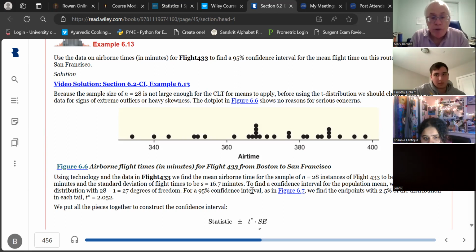Now, a lot of students make the mistake of using 1.96, thinking that you're going to use a Z. But in this case, because you're using the sample standard deviation for estimating the mean, we have to use a T. So please do not use 1.96 in this case. You're going to be using whatever the calculator tells you to use. And the sample size is 28. Yeah, we need that too.